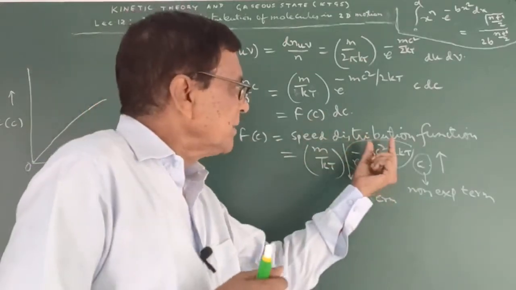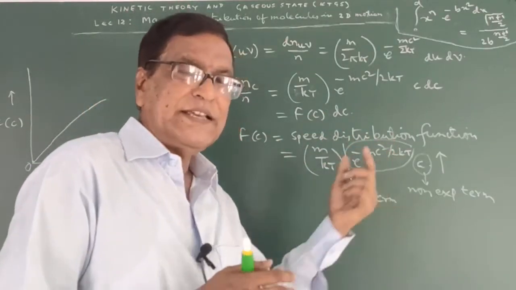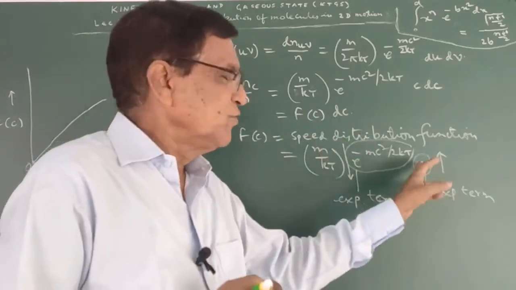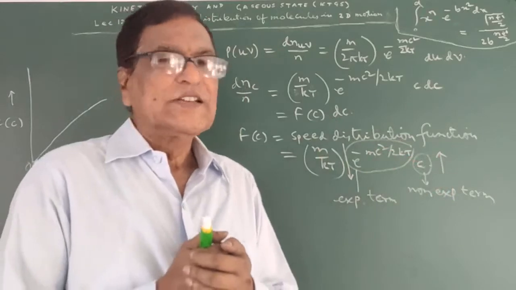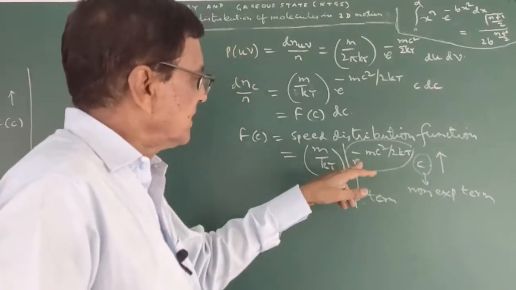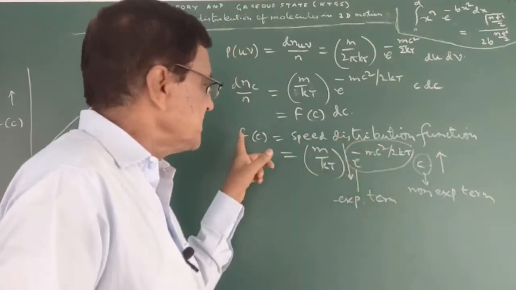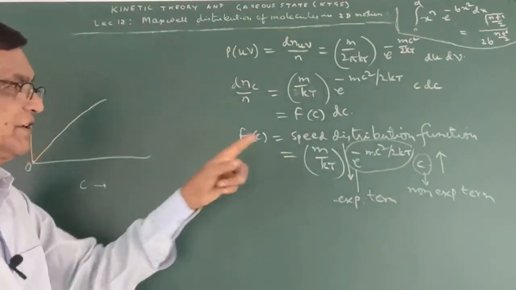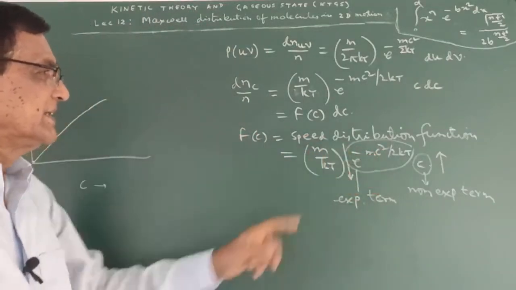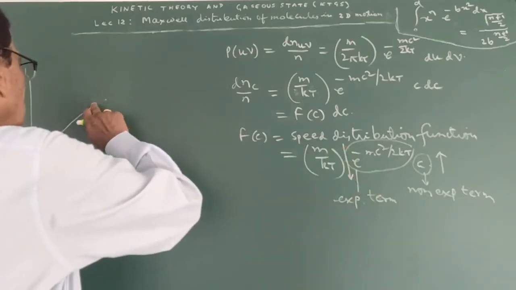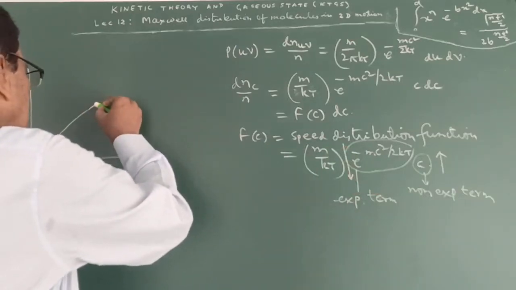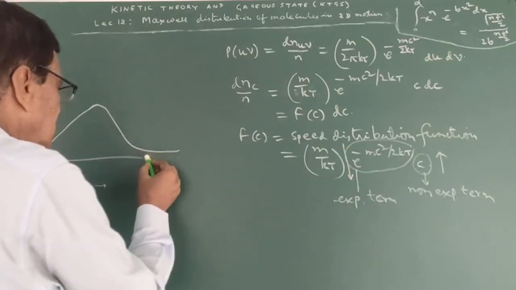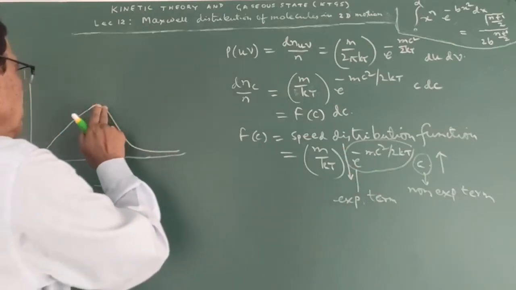So the effect of the exponential term is much more dominant over the value of c. So this will try to decrease the value of f(c). So with the increase of c at higher values of c, this curve will fall very steeply.